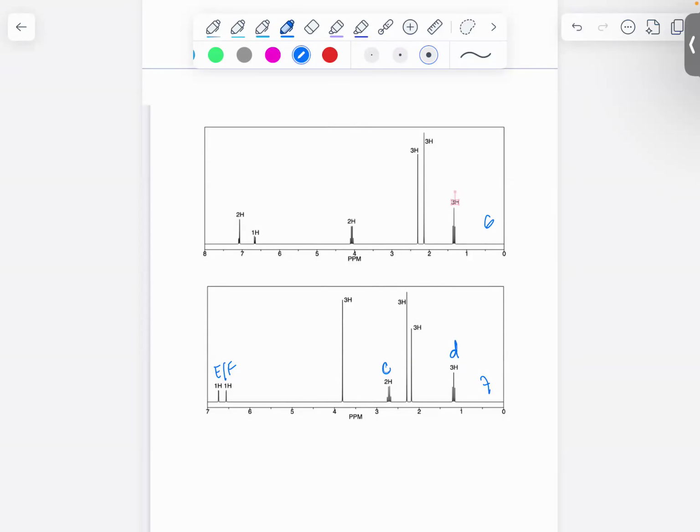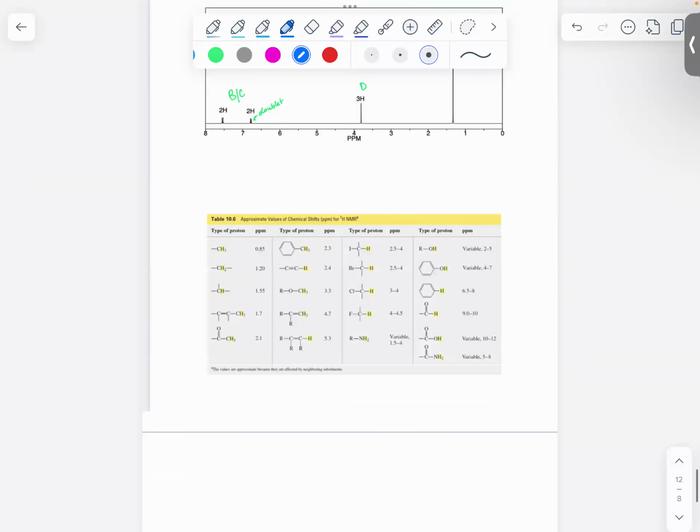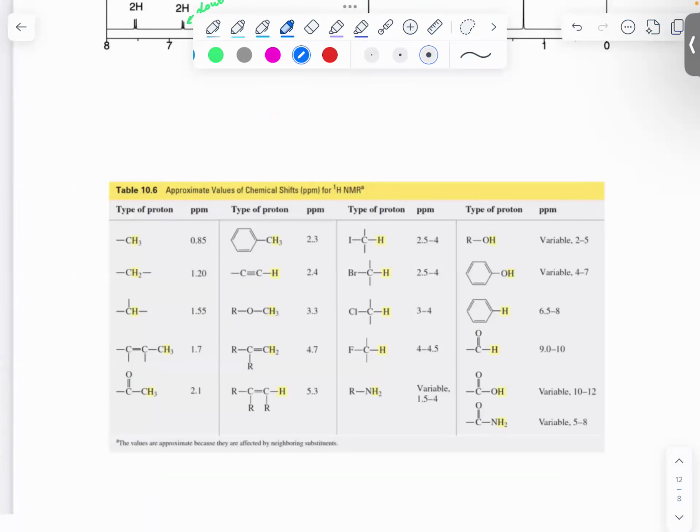Now, we have 3 separate 3H singlets. This is where you want to look at our chemical shifts because those are all kind of identical. If we look at our chemical shift, we see that a methyl is like 0.85, but off of an oxygen, it's like 3.3.